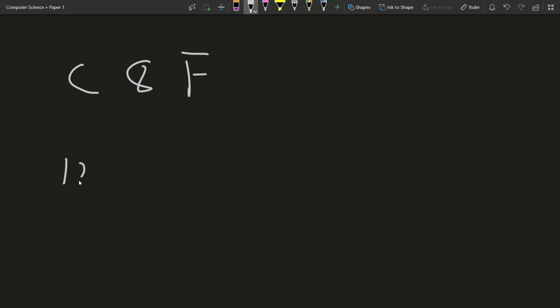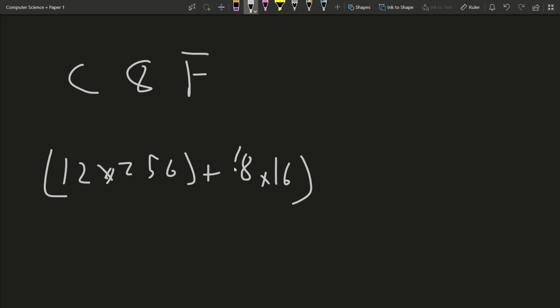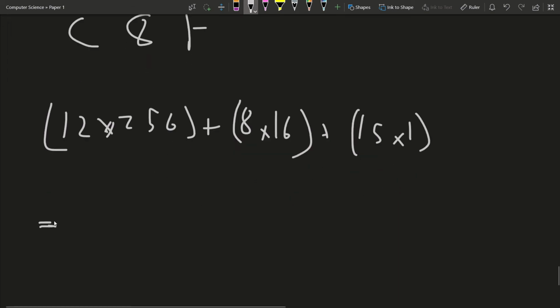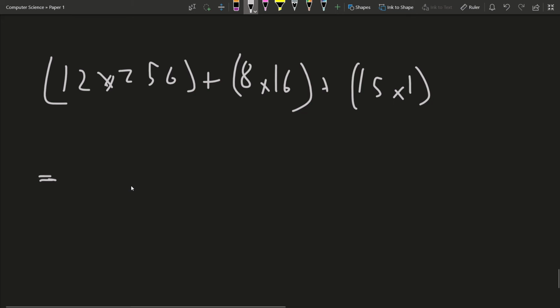C is 12, so 12 into 256, and then add that to 8 into 16, plus F, which is 15, 15 into 1. 12 times 256 is 3072, plus 8 into 16, I believe that is 128.